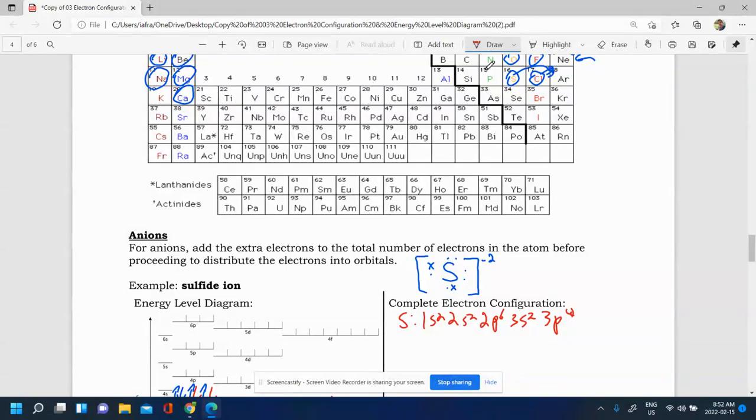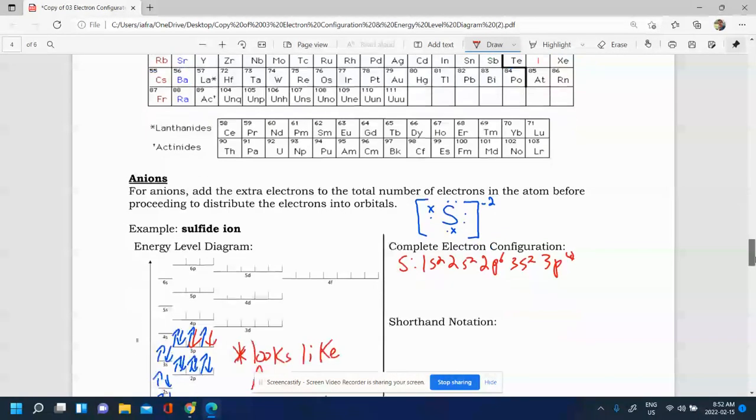And so what you'll notice is that we don't want to take away electrons. We want to add electrons. We're going to add electrons to the highest energy level that we have available here. And it's really the only thing we can add electrons to because this is the only one that's not full yet. And so the p can hold a maximum of 6. So that's what we're going to do.